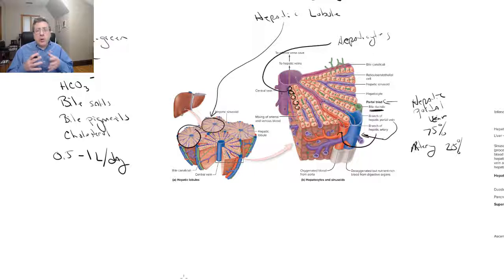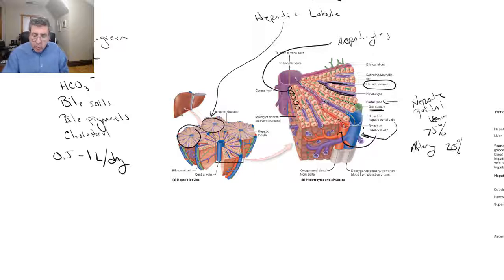And when we're looking at the blood supply to your hepatic lobule or your liver in general, one other structure for the lobule we have is the hepatic sinusoid. And these are these structures, okay?